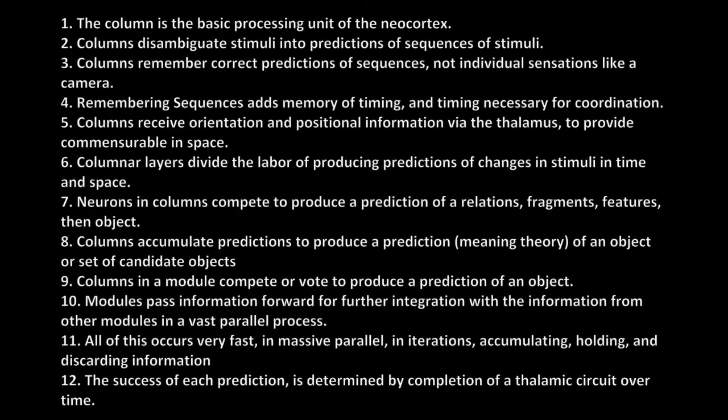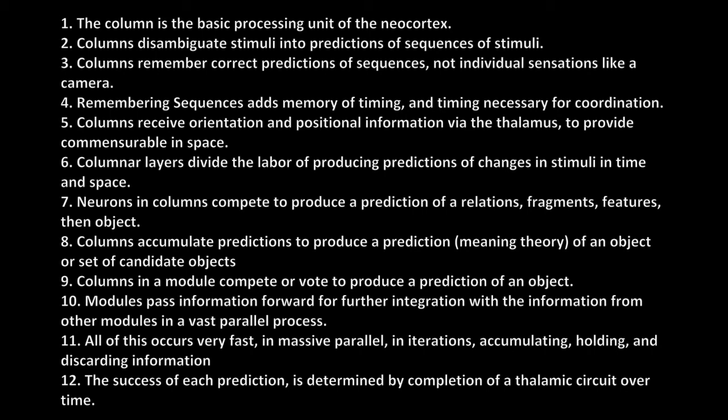Now that we've gone through columns, let's summarize. The column is the basic processing unit of the neocortex. Columns disambiguate stimuli into predictions of sequences. Columns remember correct predictions of sequences, not individual sensations. Remembering sequences adds memory timing, and timing is necessary for coordination.